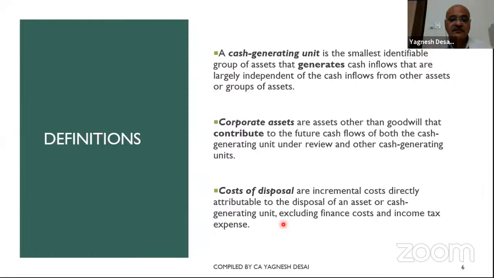I'm sure you're aware of this. What is holding cost? A company has decided to sell a small factory unit. Now, this factory unit has certain maintenance charges, some municipal taxes to be paid, and all these are known as a holding cost. So, while measuring the cost of disposal, the holding cost is not to be deducted.